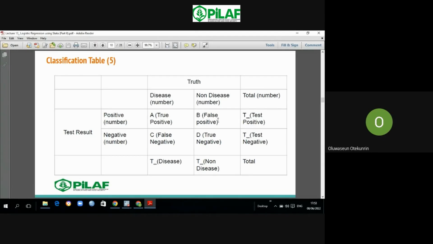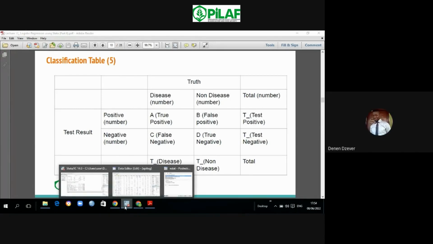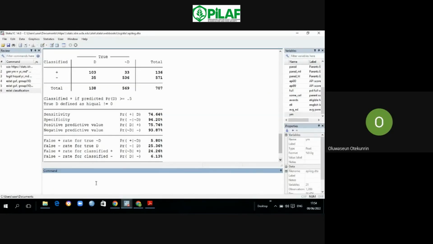So identify where you can get false positive. Where can you get it? In cell B. What do you have in cell B? You have 33 in cell B. So the false positive rate, when you have to calculate the rate, if you check the note, you see that we have been told that in a normal setting, cell B and cell C should be very, very small.